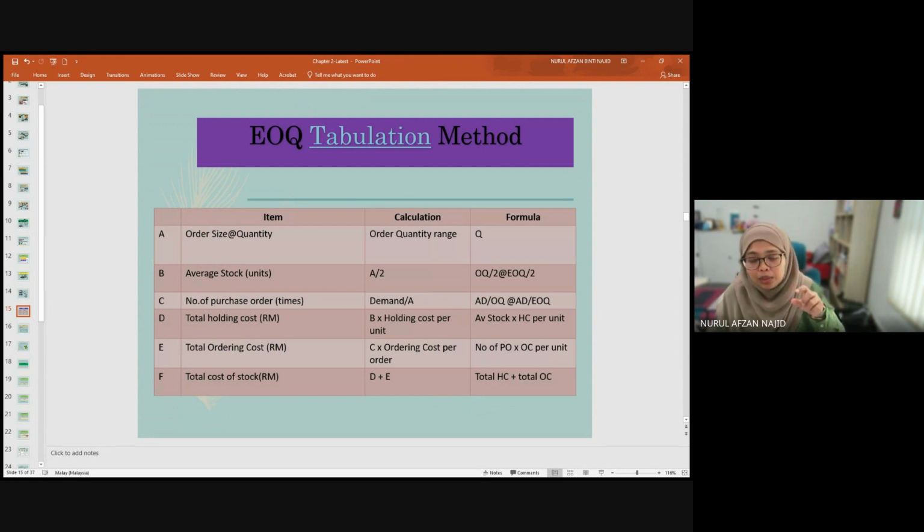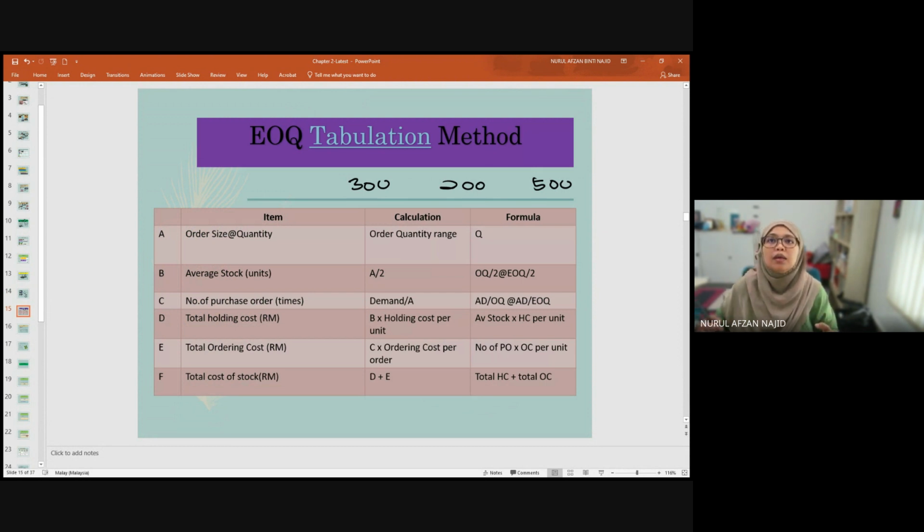Tetapi tabulation method ni, you dah ada idea. You dah ada range of order. Contohnya you nak order antara nak order 300 ke, nak order 200 ataupun 500. So kita kena cari order quantity yang mana yang cost dia paling rendah. Sebab bila when we talk about the cost, kita nak order yang paling ekonomi.